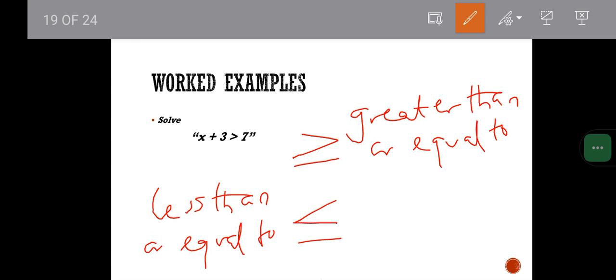So greater than or equal to, less than or equal to sign. Fantastic, isn't it? Let us solve and see how we can apply inequalities in this equation.